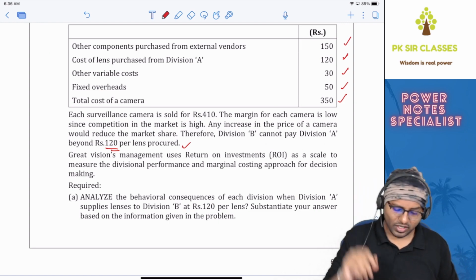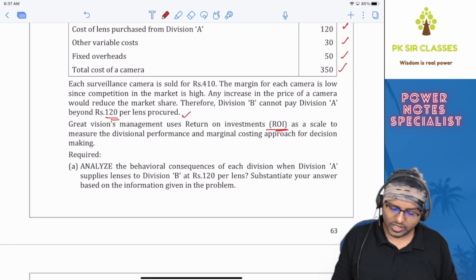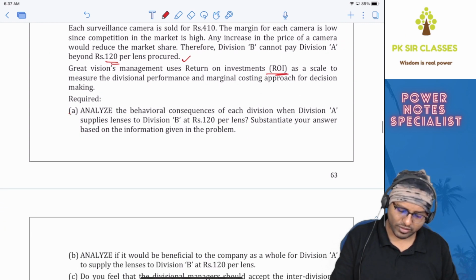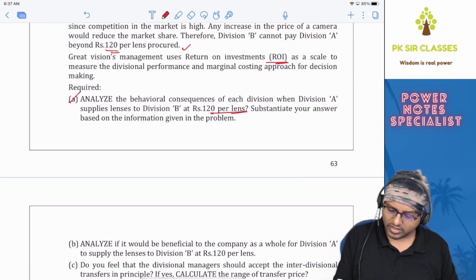Great Vision's management uses ROI as a scale to measure divisional performance and the marginal costing approach for divisional decision making. You are required to, first, analyze the behavioral consequences of each division when Division A supplies lenses to Division B at rupees 120 per lens. Substantiate your answer based on the information given in the problem.